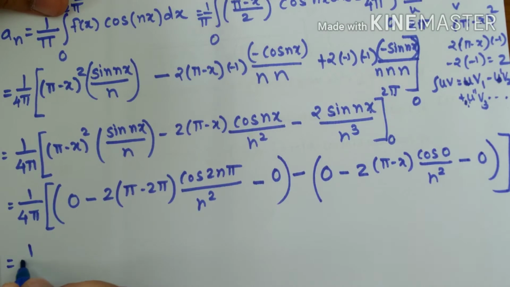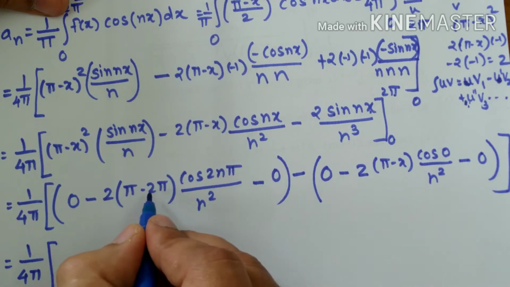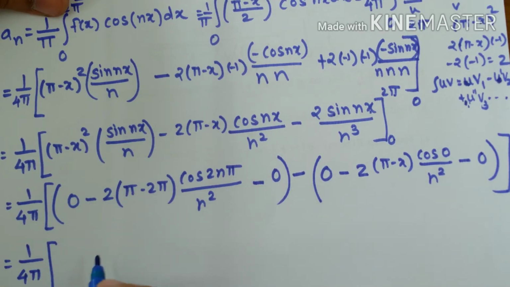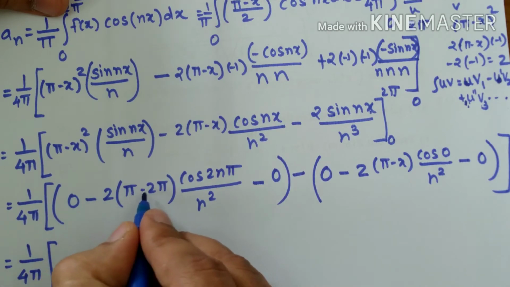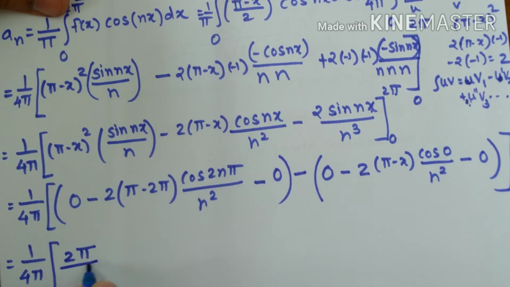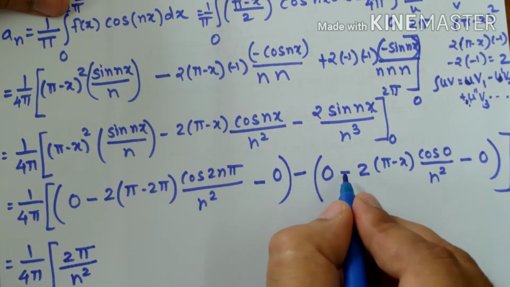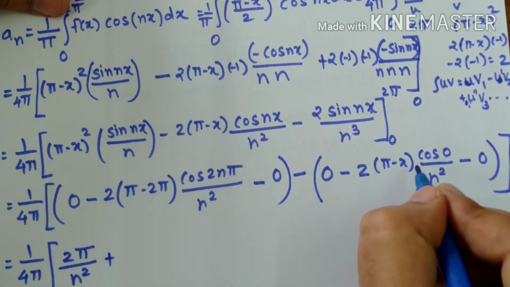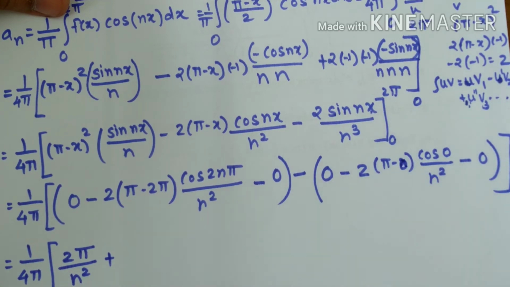Simplify this. 1 upon 4 pi into (pi minus 2 pi) gives us minus pi. Minus pi and minus become minus 2, and minus pi becomes 2 pi. The value of cos 2n pi is 1, so we get 2 pi upon n square. This minus and minus become plus. In the place of x we have substituted 0, therefore we have 2 pi again.